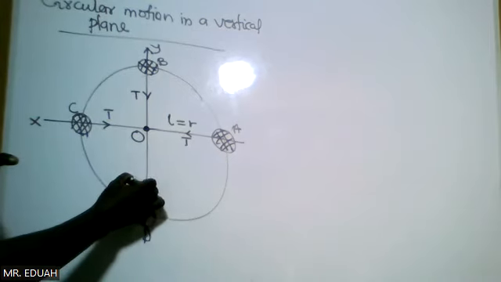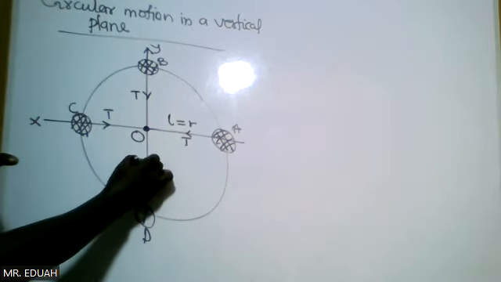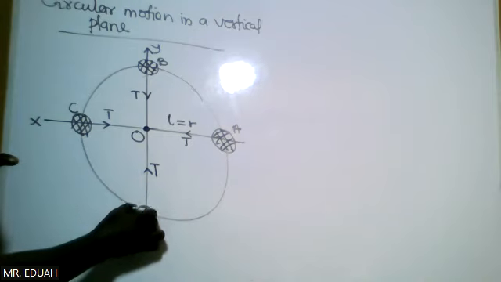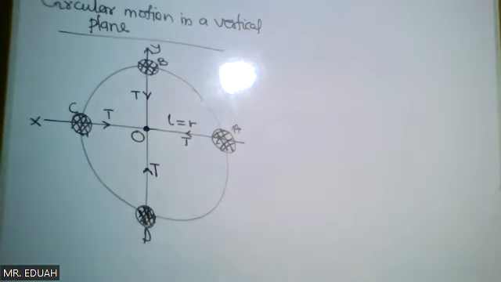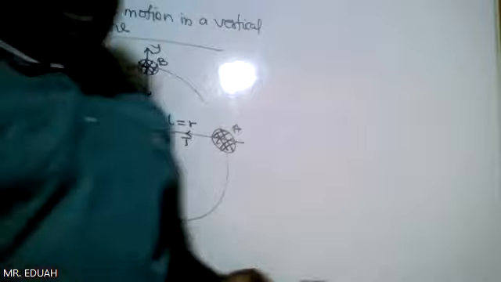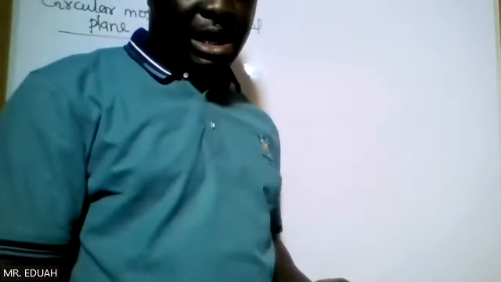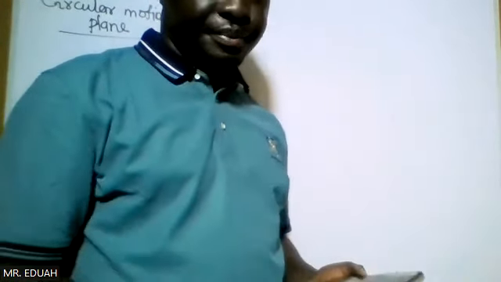Different positions of the body, and we are looking at what happens to the tension. Sometimes we also look at the speed, but this is treated as a uniform circular motion.